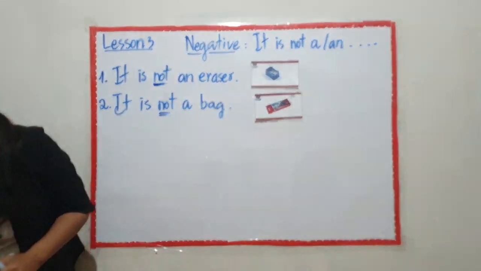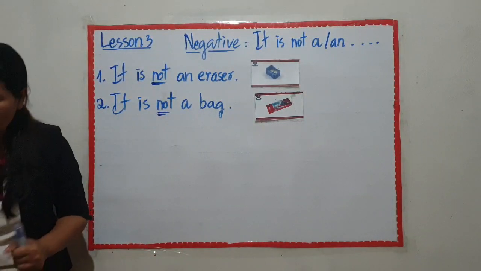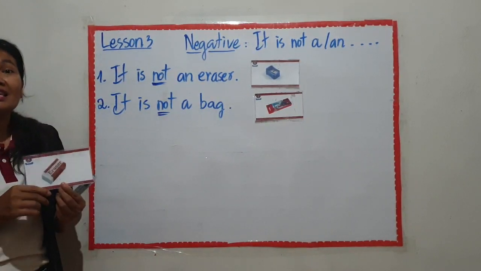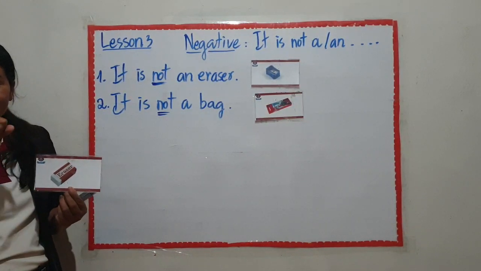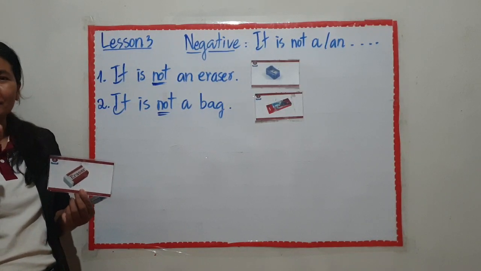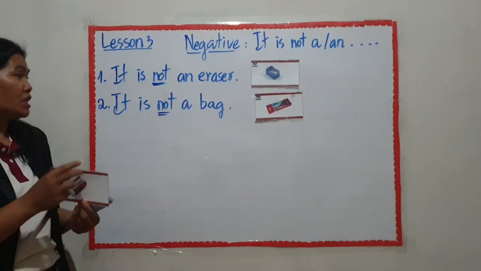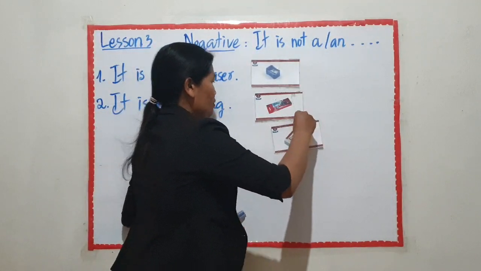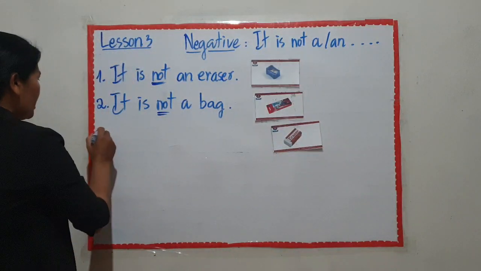Okay, next, please. Everyone, look at this picture. What is it? Yes, it's the thing that you always use to erase when you have a mistake. When you write with a pencil and you have a mistake, you use this one to erase it. So this one is an eraser. So teacher gonna change this one to be negative.